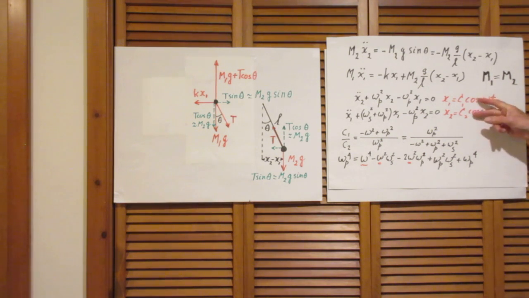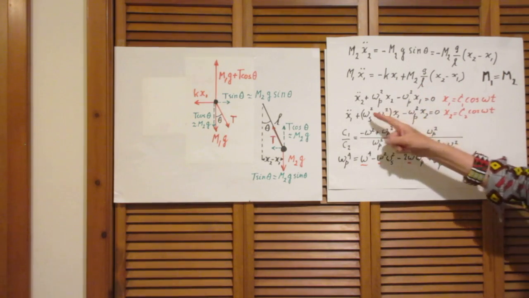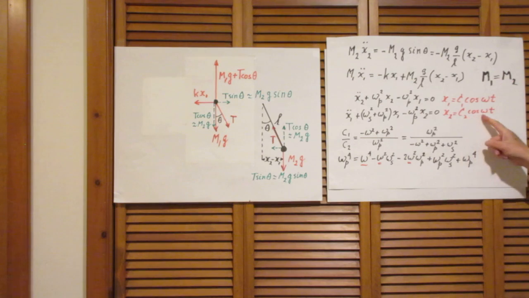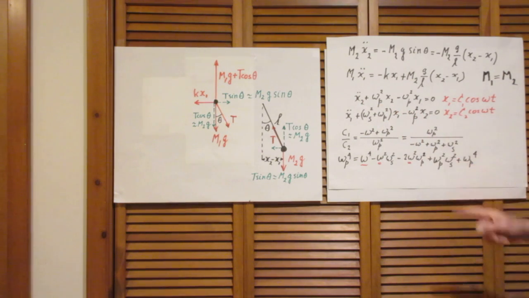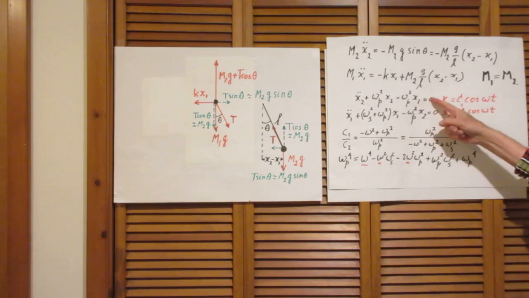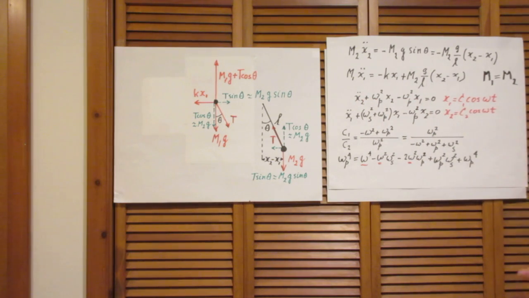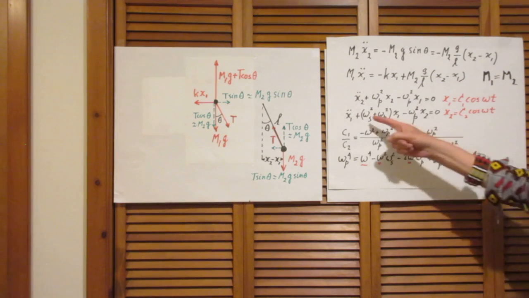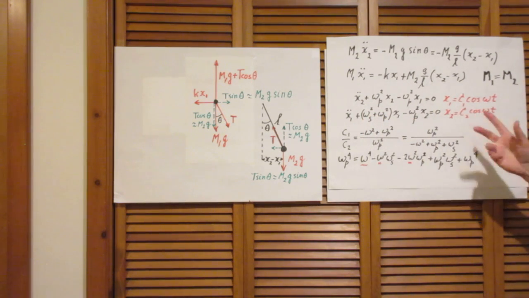So I leave you alone with putting this in here, in x1 and x2, and putting this in there and there. And once you have that, clearly C1 over C2 that you get from this equation must be the same as C1 over C2 that you get from this equation.